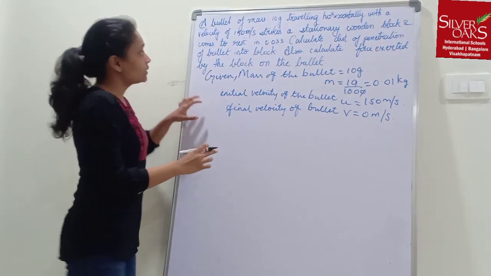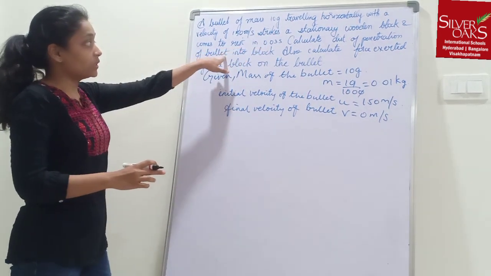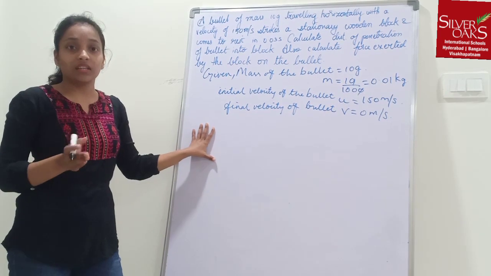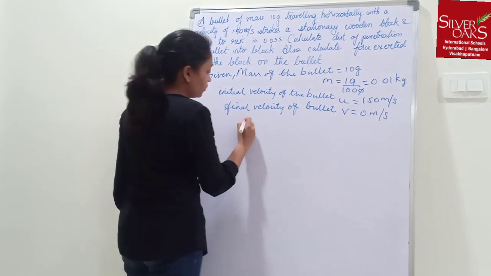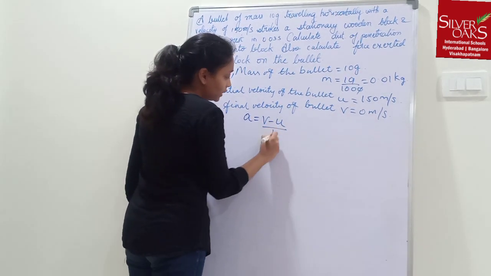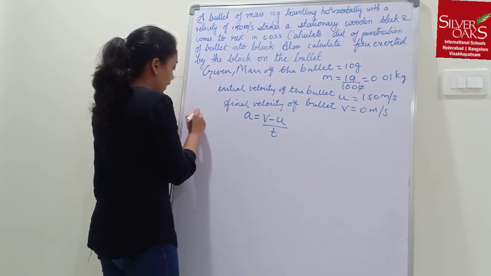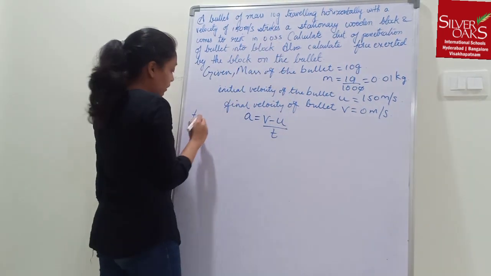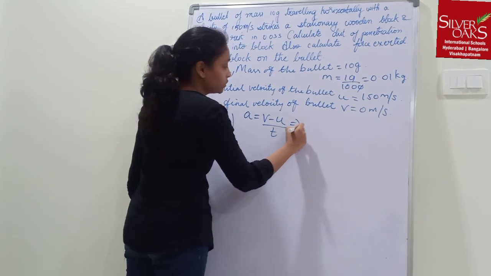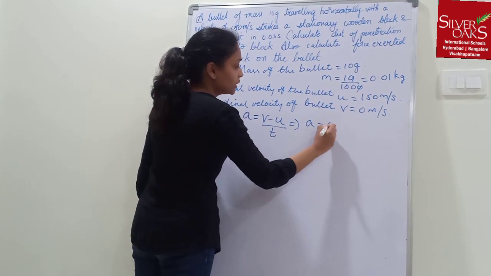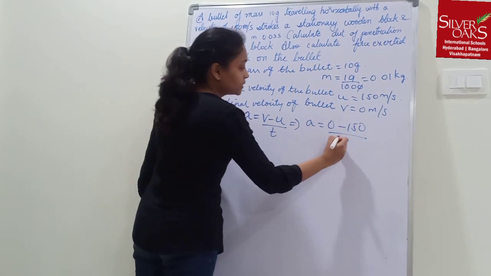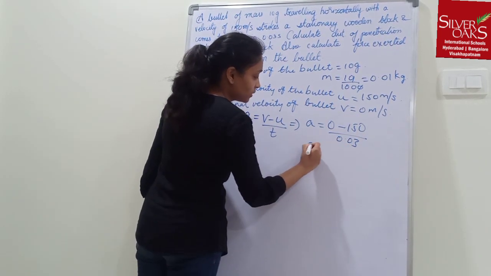Now let's calculate the distance of penetration of the bullet into the block. For that we need to first calculate the acceleration of the bullet. So for acceleration the formula is V minus U by T. Since the time taken by the bullet to come to rest is 0.03 seconds, acceleration A is equal to V is 0, U is 150, and T is 0.03 seconds.